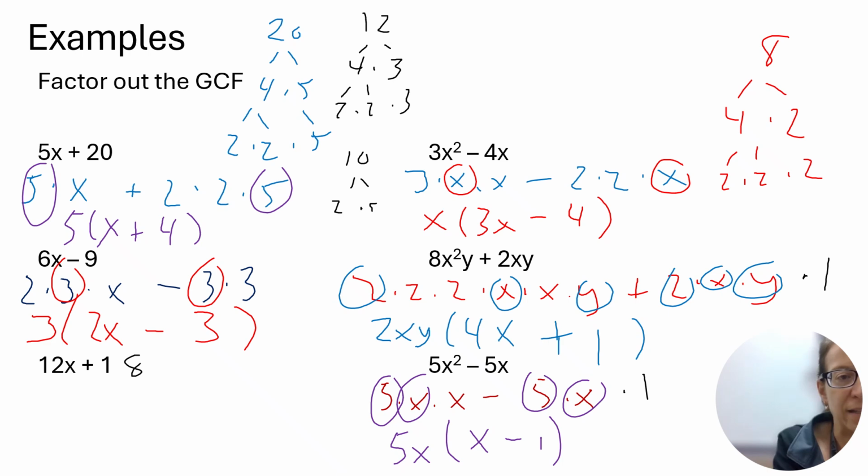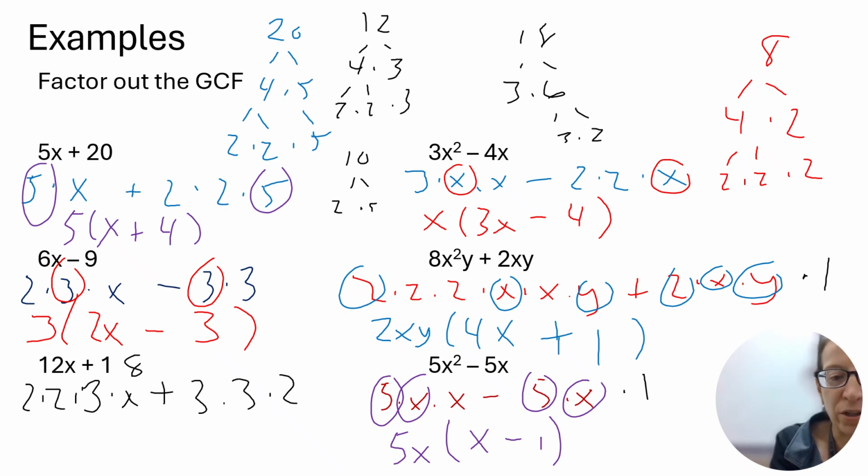The reason for that is the 12 is 2 times 2 times 3, and then you have the x. The 18 is going to be 3 times 6, and then the 6 will be 3 times 2. So 3 times 3 times 2. And what I wanted to show you was when you have more than one number. So you've got the 2 in common, and you have the 3 in common.